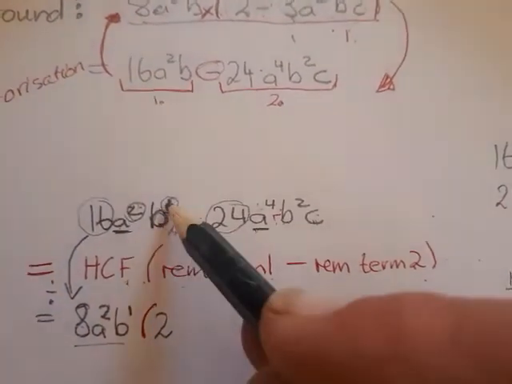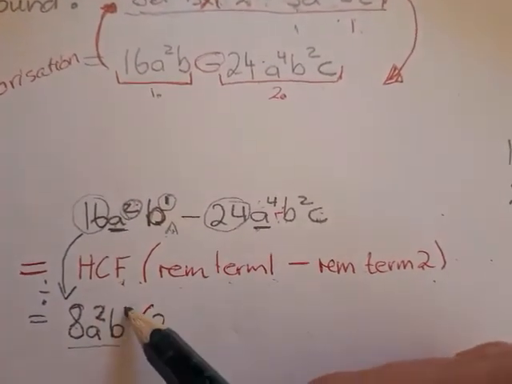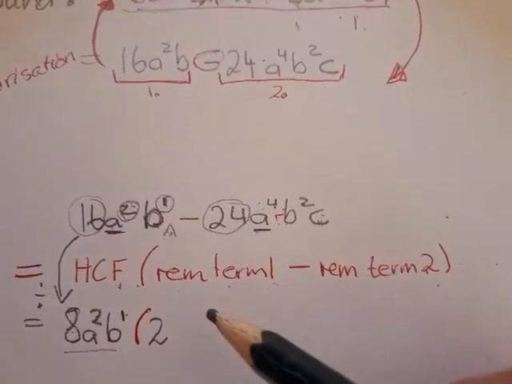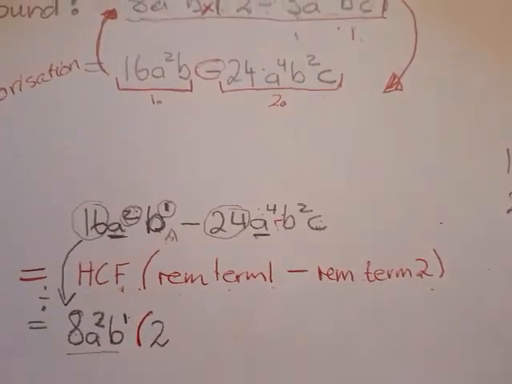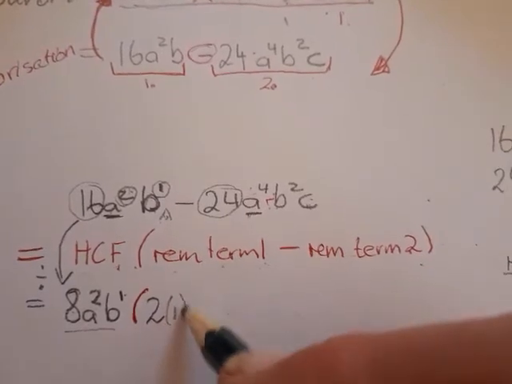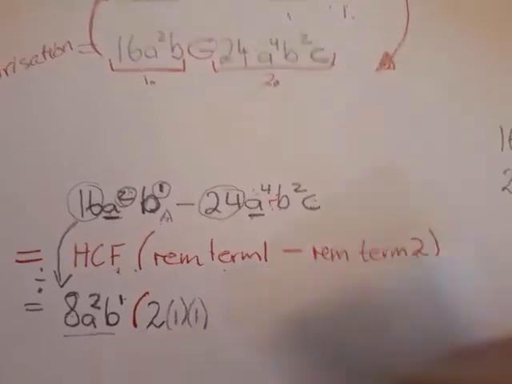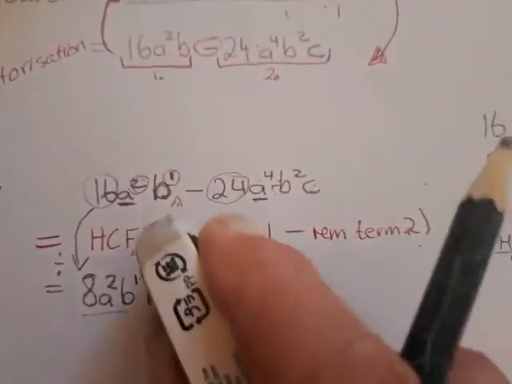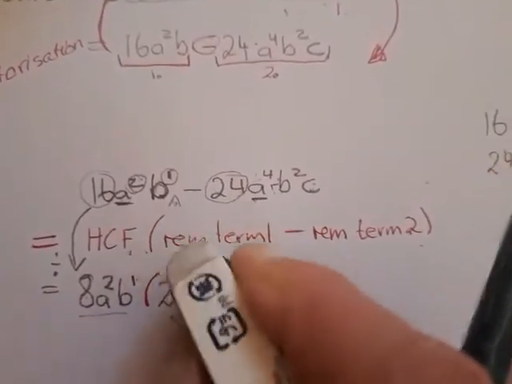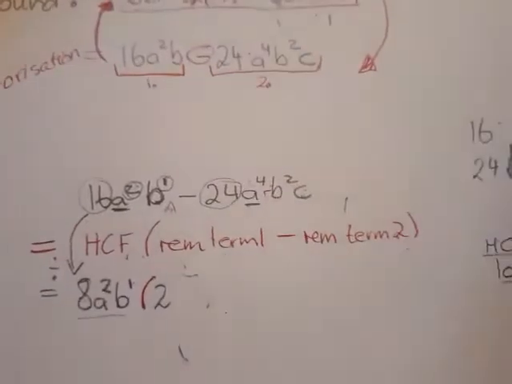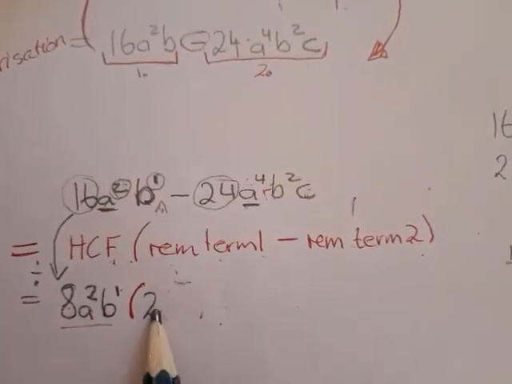Then we have b to the power of 1 divided by b to the power of 1, which is also 1. So we don't write those. It would actually be times 1 times 1. Okay, and 2 times 1 times 1 is 2. That's why we don't need those. So I'm going to erase that. Right, that's the remainder for term 1.